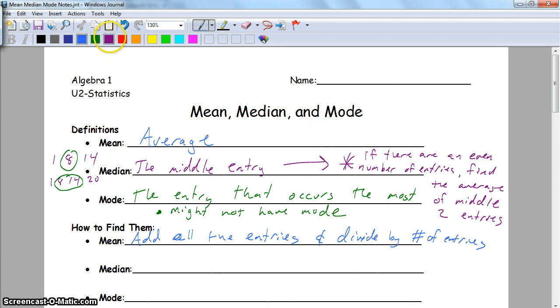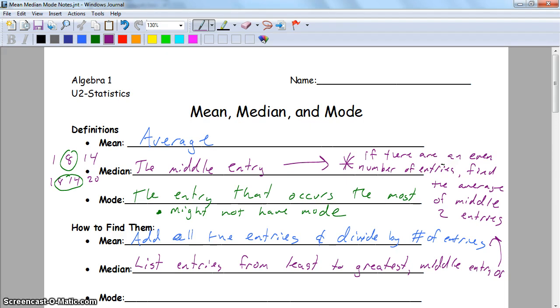Median, the way you find that is list the entries from least to greatest, put them in order, then it's the middle entry. Remember, if there's an even amount, you got to find the average of the two middle entries.